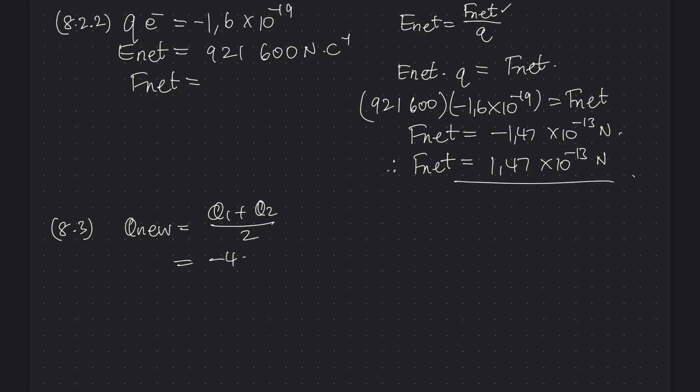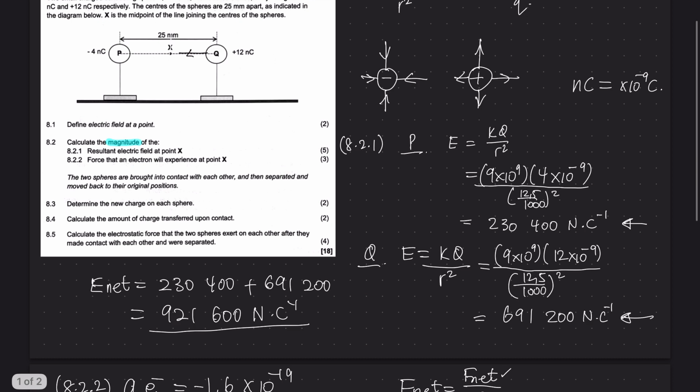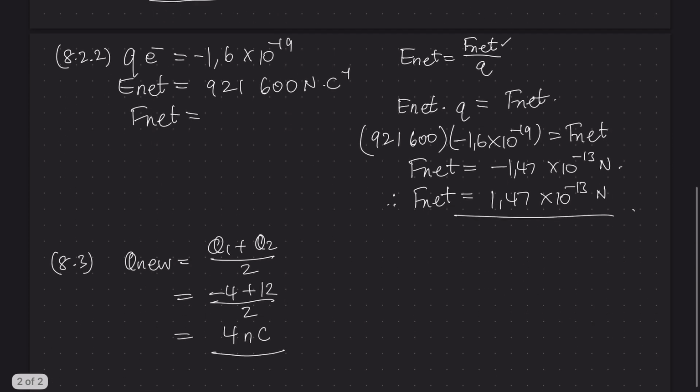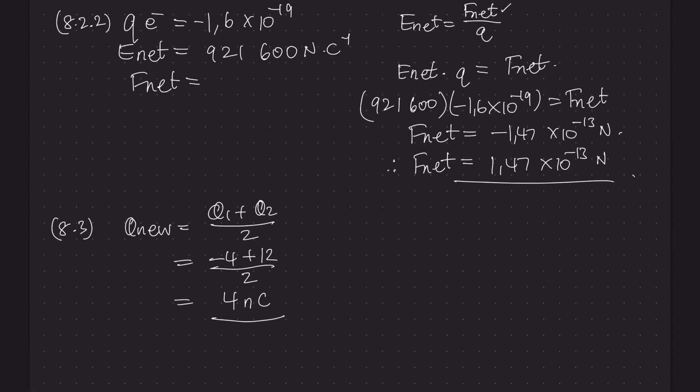So it'll be negative 4 plus 12 over 2. That's going to be 4 nC. So this is going to be the charge that both of them have. So after contact, both P and Q will have that charge. They'll have a charge of 4 nanocoulombs.